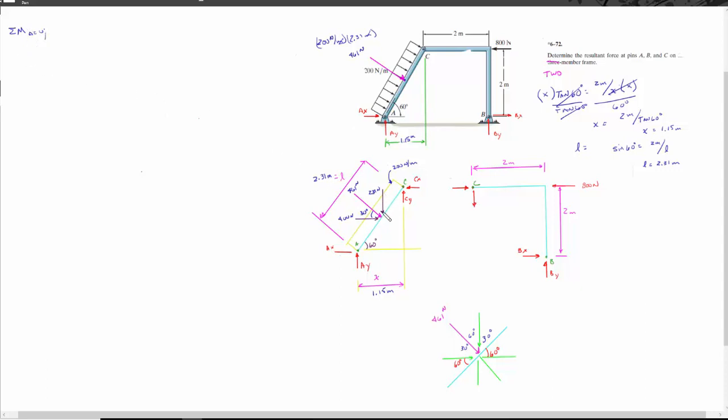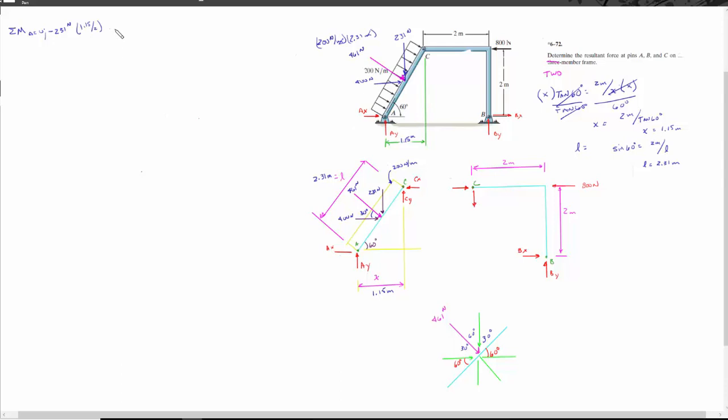I have this force is 231 newtons. And it is negative because it's going to be rotating about point A. I'm going to go ahead and draw that for you. That was 231 newtons. And this force here, well, that's 400 newtons. So this is half of 1.15, because it's symmetrical. So 1.15 divided by 2.